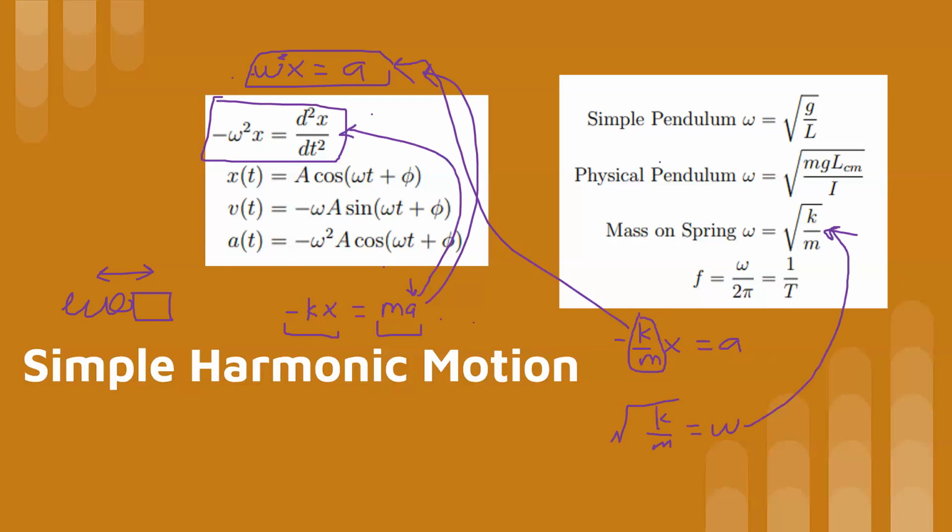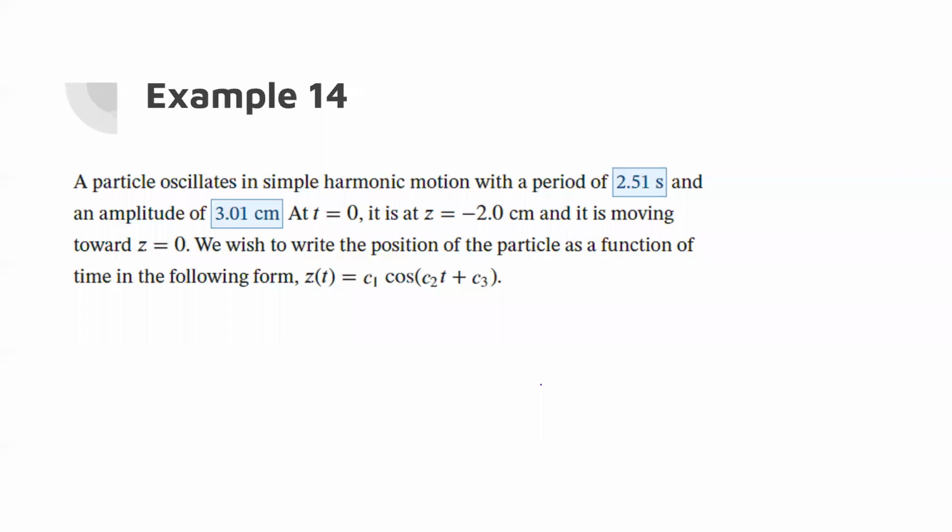And that's where all these other ones come from as well. I don't think he'll ever throw anything super complicated at you that you couldn't use these equations for. But in the case that you did have something like that, just know if you get it in the form something times x is equal to acceleration, all you have to do is find what's in front of your x and then take the square root. And that's what your angular frequency will be.